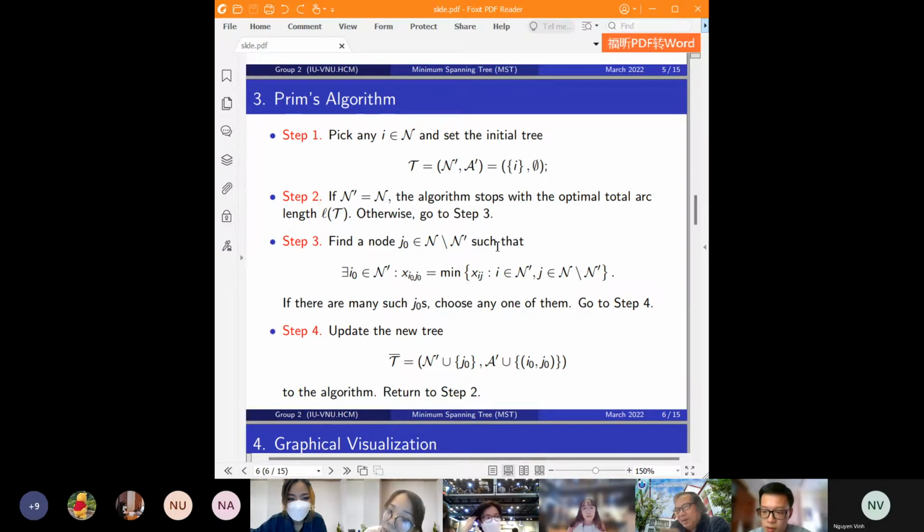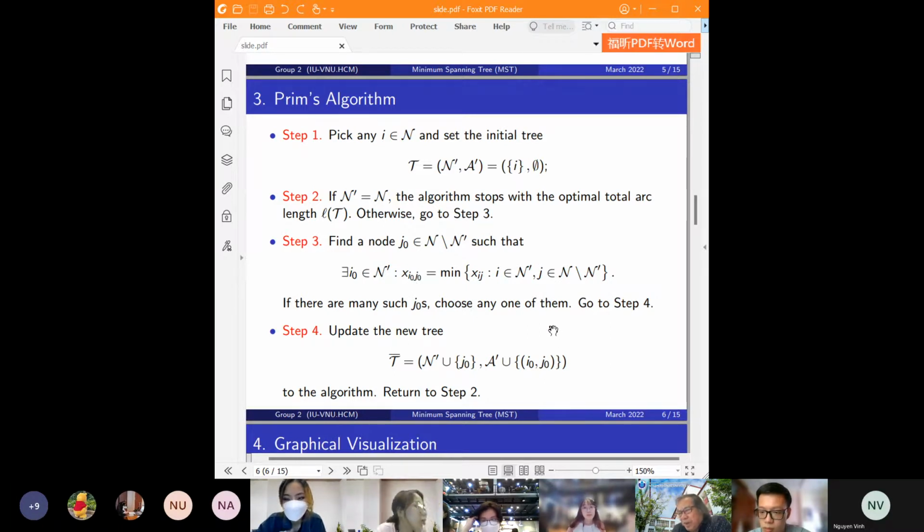Then it should be quite clear, because you see, to update the new tree you have T-bar, and T-bar is N prime union with J, and A prime is A prime union with the new arc G0.